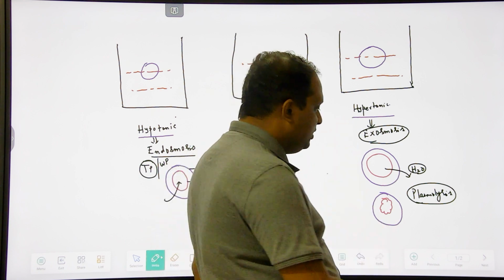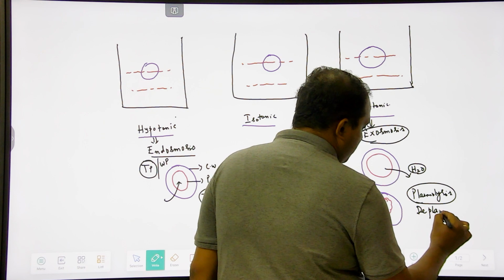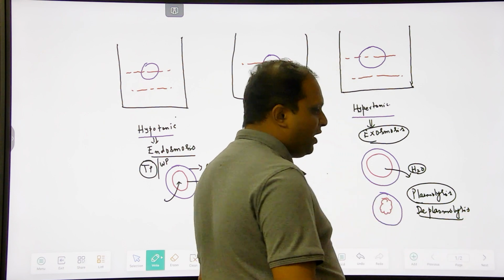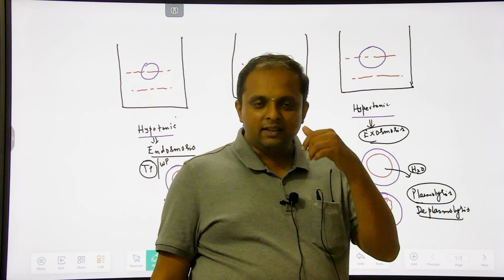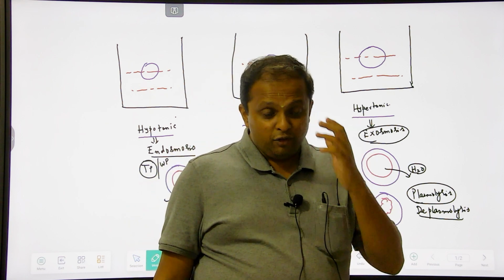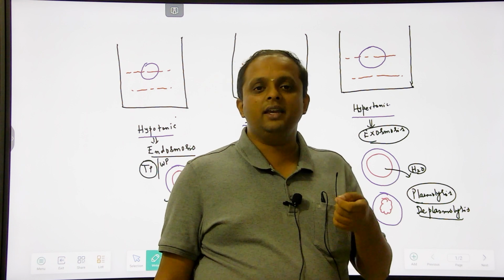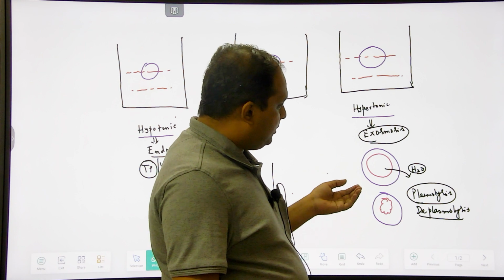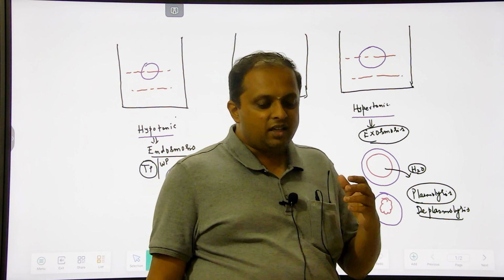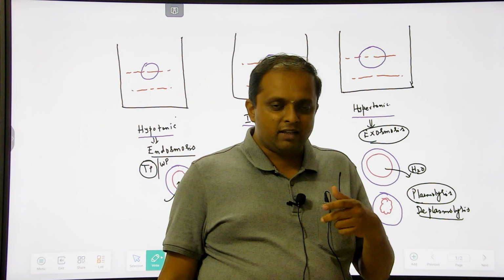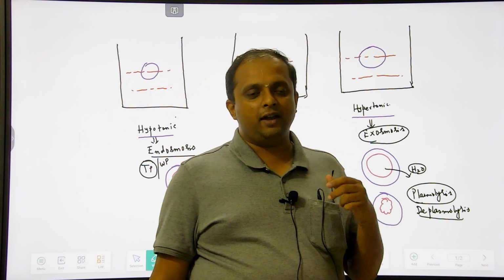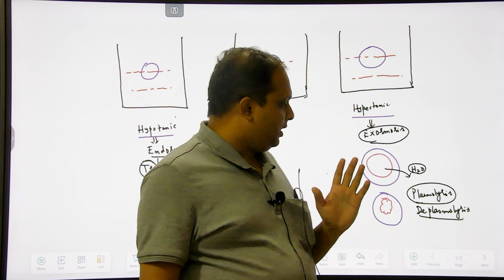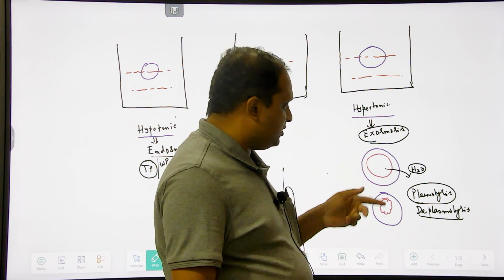You call this process deplasmolysis. In case you haven't got these concepts on the first go, kindly think about it, and in case a confusion still remains, kindly let us know in the comment section or mail us. So deplasmolysis, that is the plasmolyzed cell getting back the water, can happen if a plasmolyzed cell is placed in a hypotonic solution. So this is another point, plasmolysis and deplasmolysis.